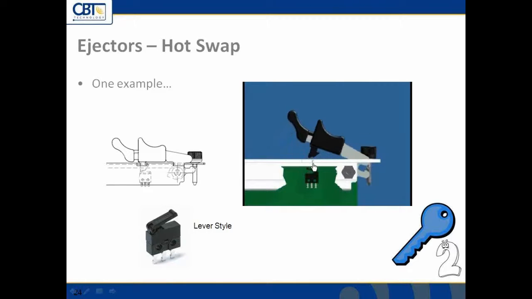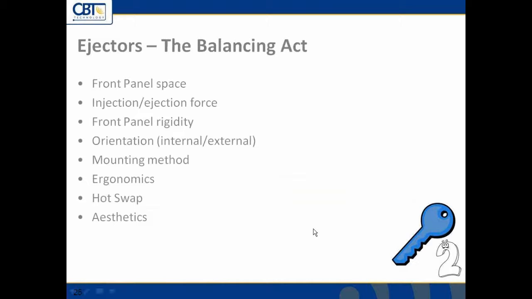The mechanism actually locks to the inside of the front panel to prevent accidental pullout, and then at the same time it actually triggers, in this case, just a standard lever style micro switch, which then turns the blade on once it's fully seated into the chassis itself. So just one example. There's a bunch of different ways that this is done, but we've seen a whole lot of those kinds of options. But it's just showing how else that can be accomplished.